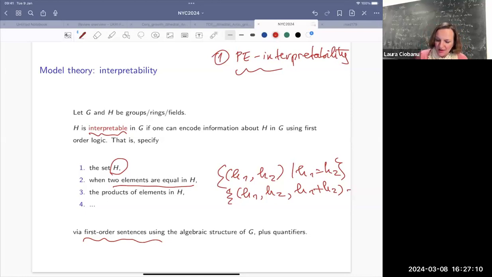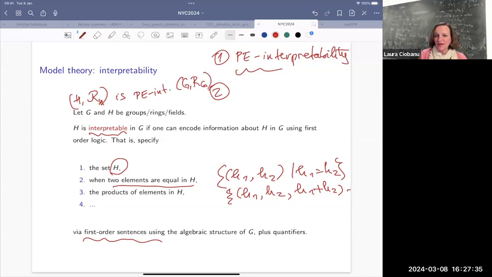So we use that. And another comment that I want to make is often we want to say H together with some relation, so some added power to your structure. We want that to be PE interpretable in G with some other relation, so let's say RH here and RG.